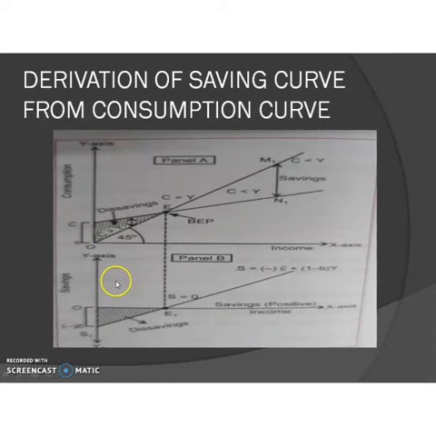So at the point left of E1 there is dissaving, while on the right of E1, this portion shows positive saving.